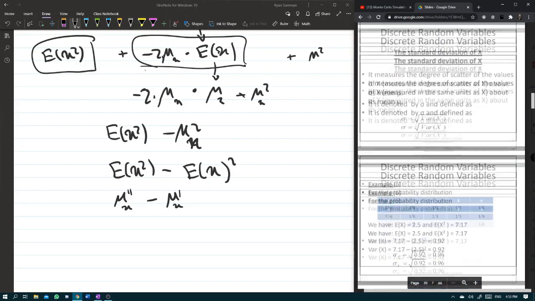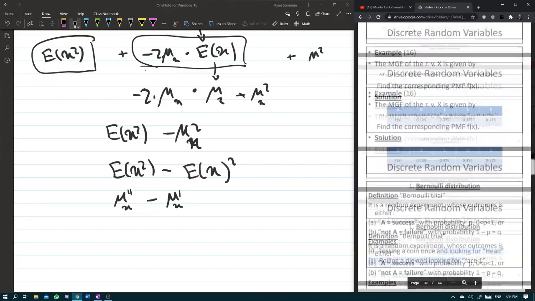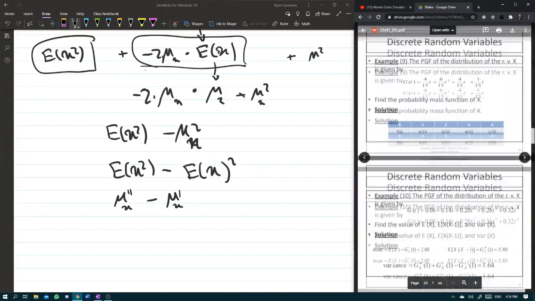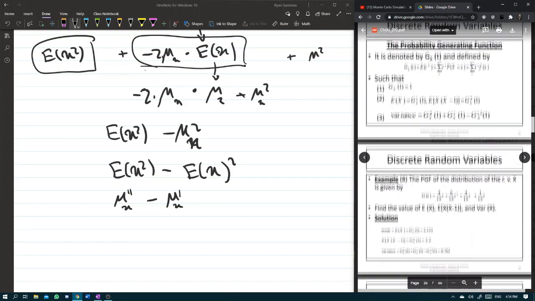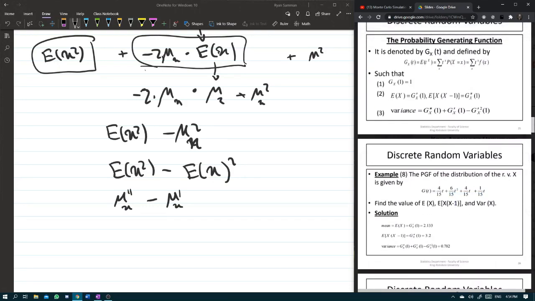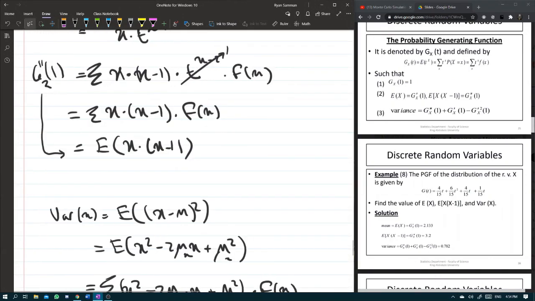Now let's look at this one for the probability generating function. As you can see, g double prime of 1 is the expected value of x times x minus 1.